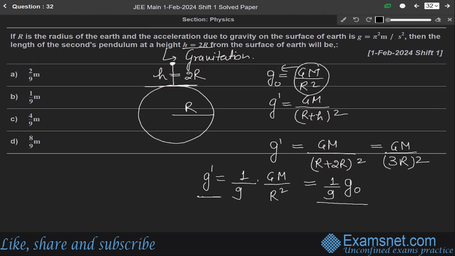The time period formula is 2 pi under root L over g.